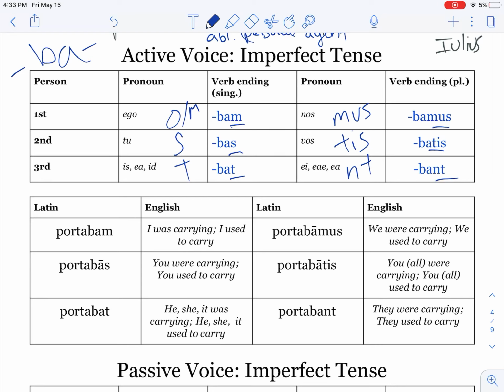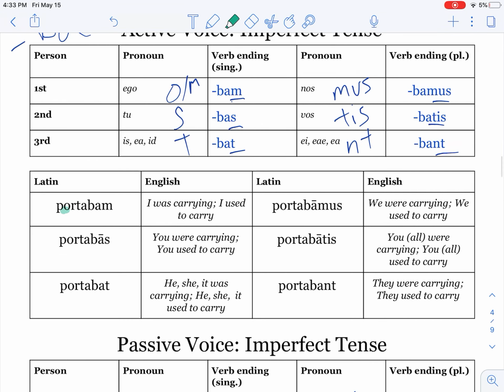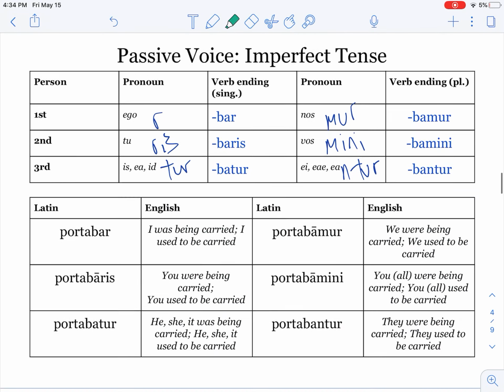So you can think of bam, bas, bat, bamus, batis, bant as your imperfect active endings. Or you can think of it as o, s, t, mus, tis, nt plus ba in between, however you want to do that. So portabam is I was carrying or I used to carry. You can translate it either way.